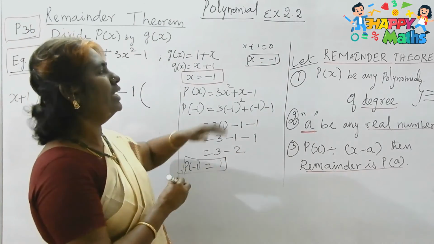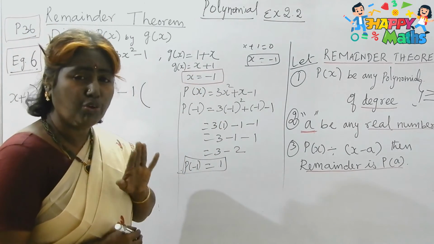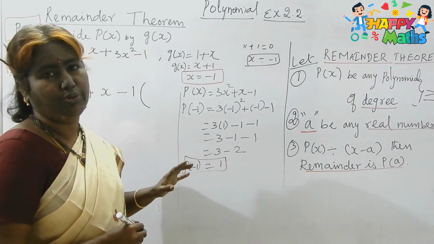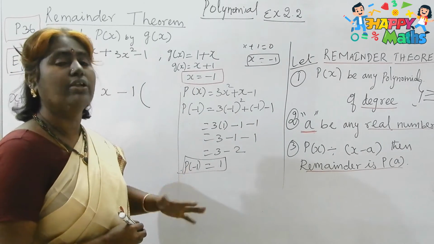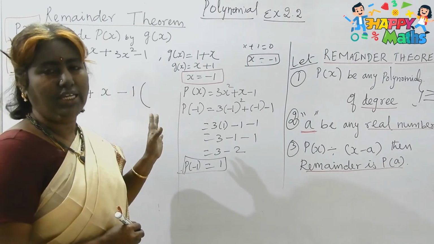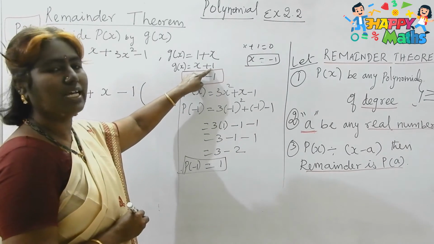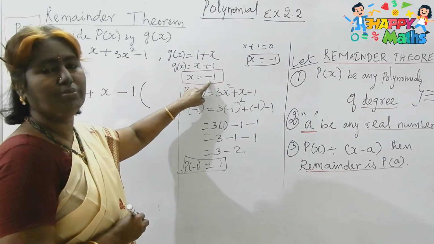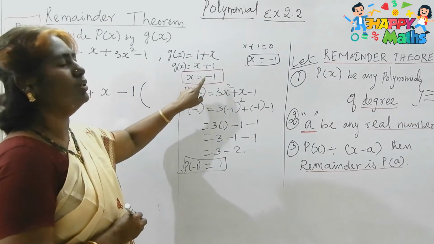So without doing any steps, straight away we can do it. Not only this x, if it is 3x plus 5, if it is 2x plus 7, whatever it is, immediately you can write the value of x. Okay, that technique and that tip I told you: if any number is added, then the opposite sign will be the value of x. So here x is equal to minus 1.